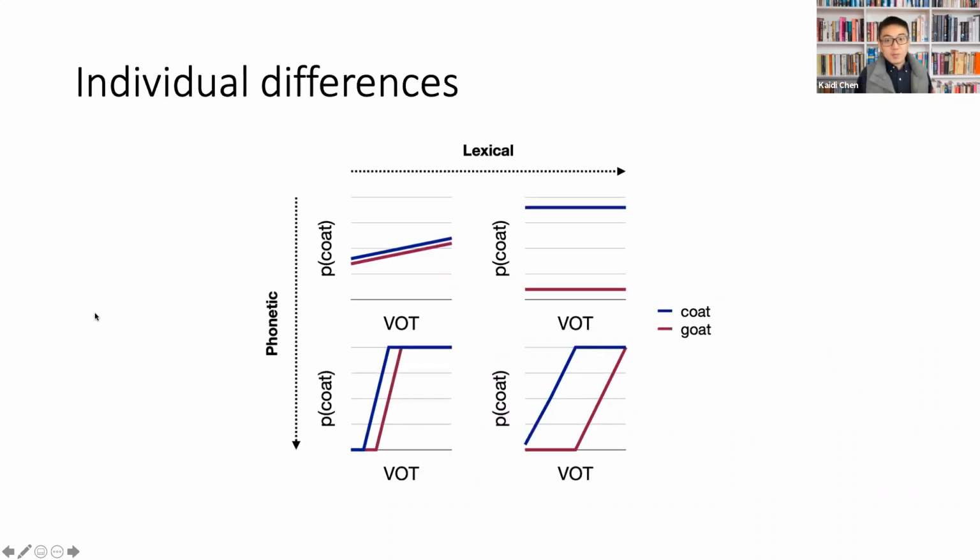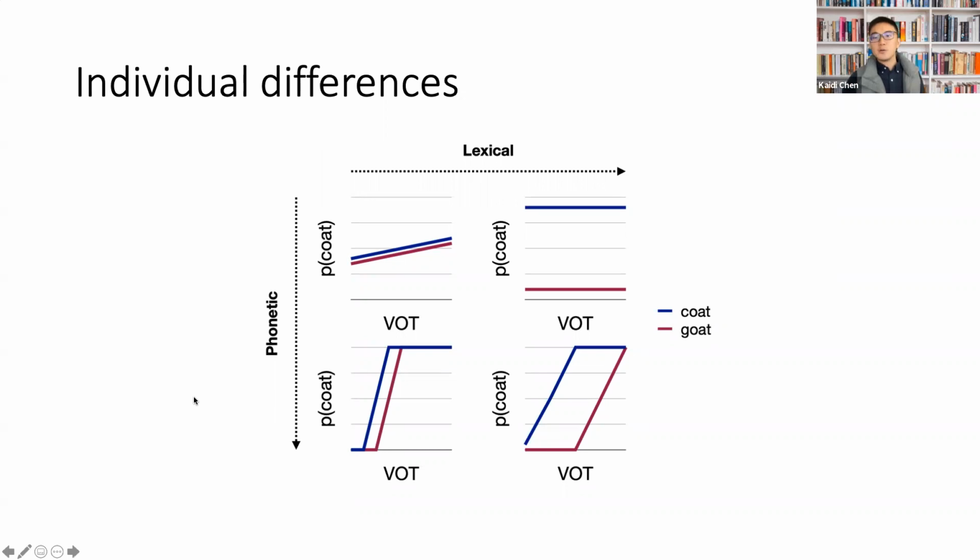As I mentioned, the primary goal of our study is to examine whether the individuals show stable differences in how they integrate phonetic and lexical contextual cues. So first, ideally, 4 patterns are illustrated here, reflecting different relative weights of the phonetic and lexical cues. So low versus high lexical weighting on the horizontal, and low and high phonetic weighting here on the vertical.